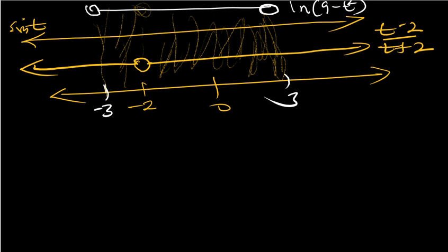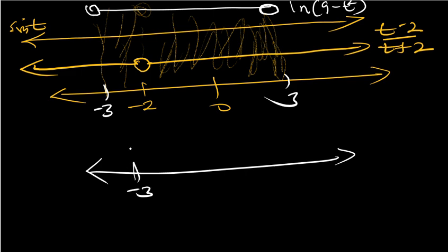So graphically, I can represent this as -3 up to -2. There's a jump here. Then up to 3. So we can see that this will be two domains joined together.